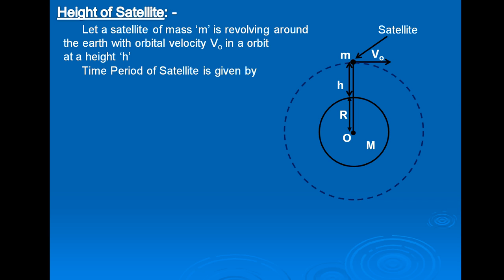Now the time period of the satellite is given by capital T is equal to 2 pi into under root (R plus h) whole cube upon g R square. Put this equation number 1.